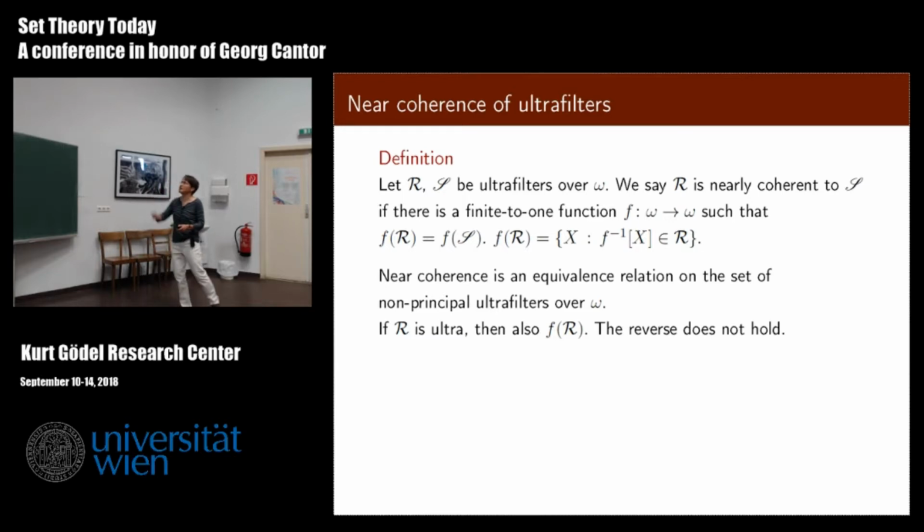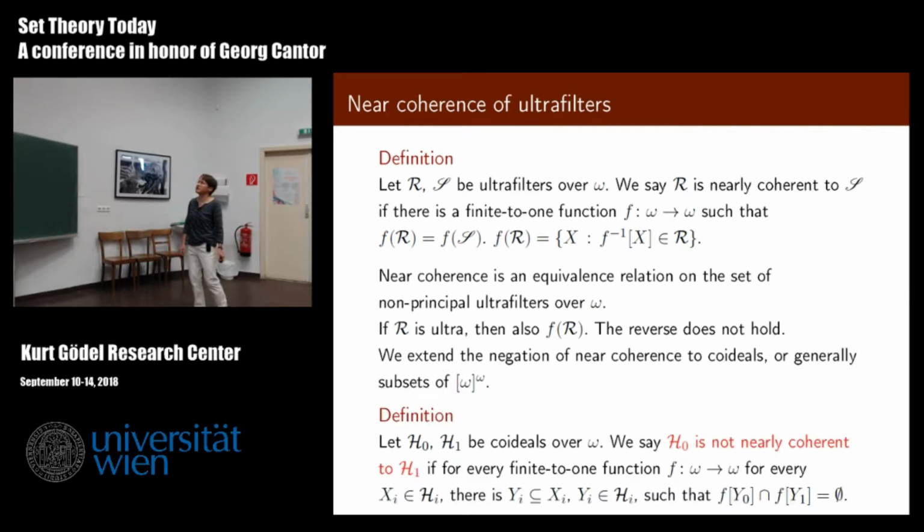It doesn't matter for us here because we work only with ultrafilters. For technical reasons, because I don't have only centered sets, I need to find a generalization of the negation of this notion for arbitrary subsets of omega.